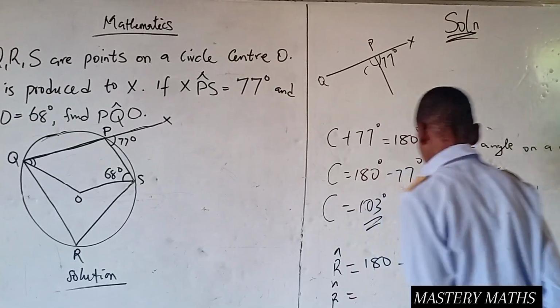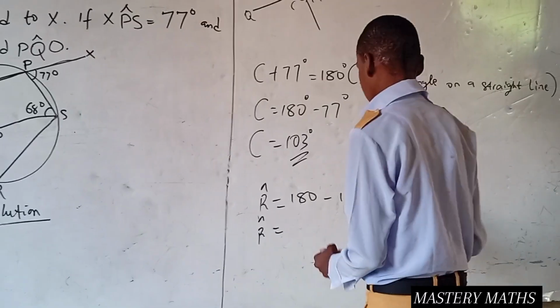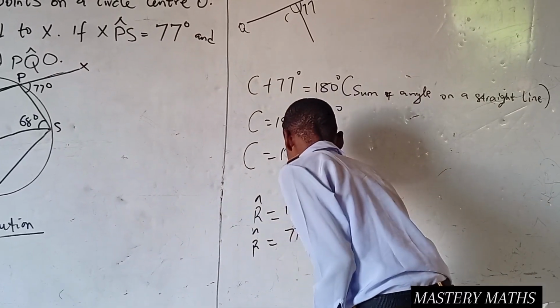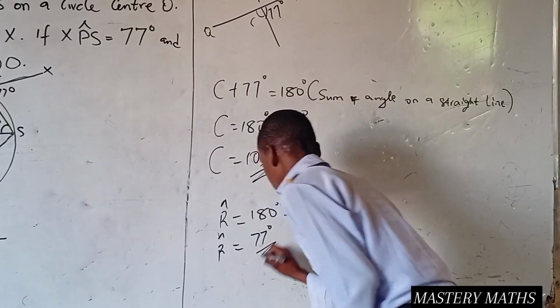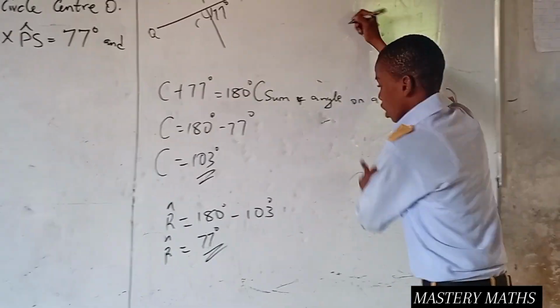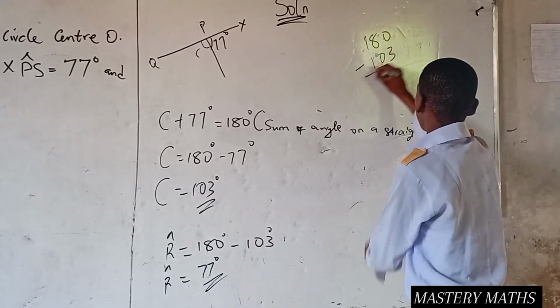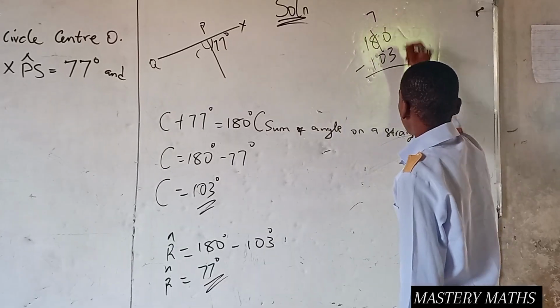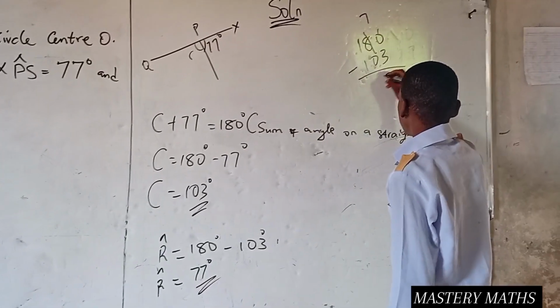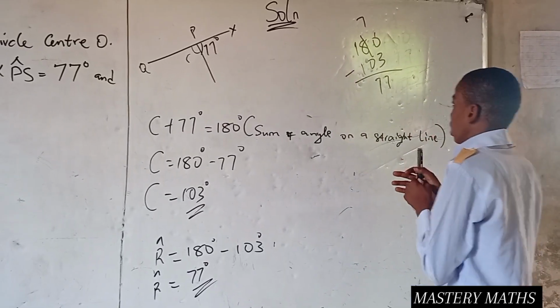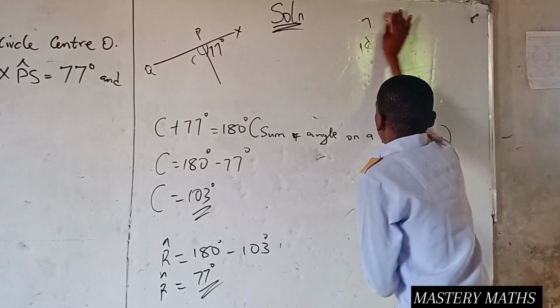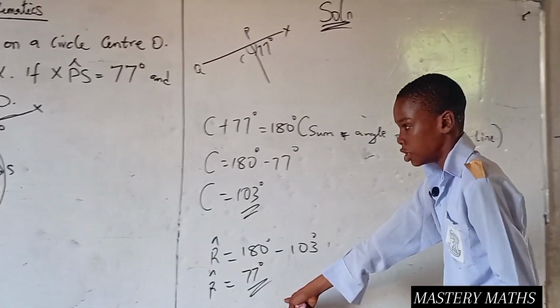R is equal to 77. So this is for the R. You can also say 180 minus 103. 1 minus 1 is out. So this is 77.